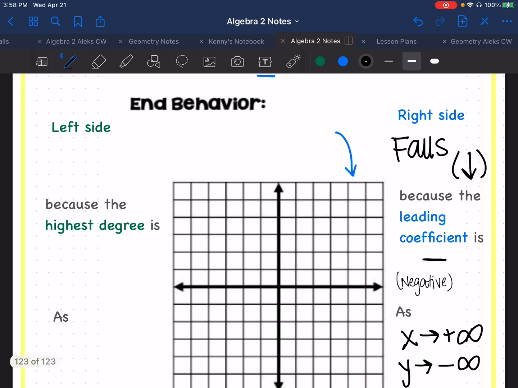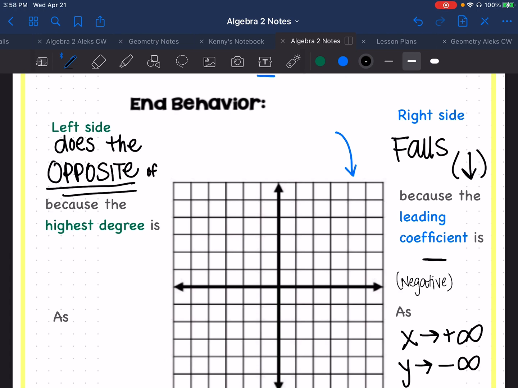My highest exponent in this one is odd, so the left side is going to do the opposite of the right side.